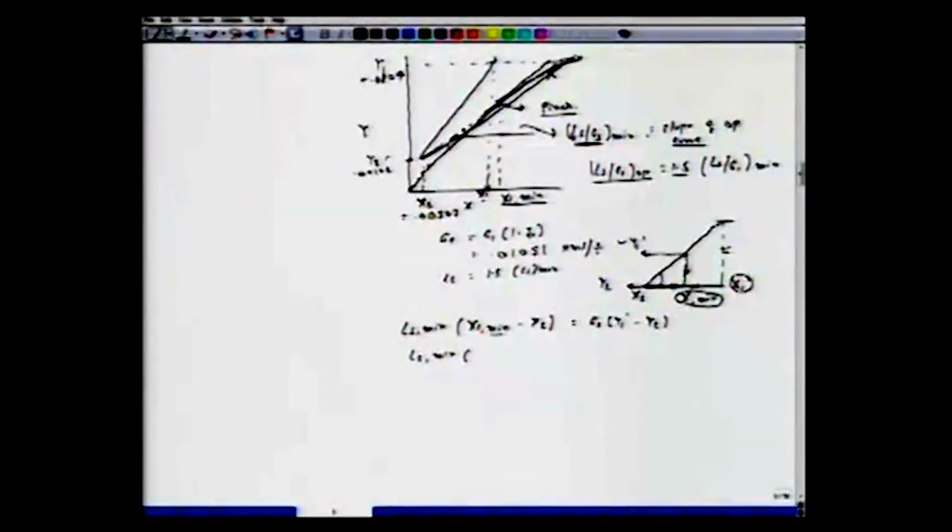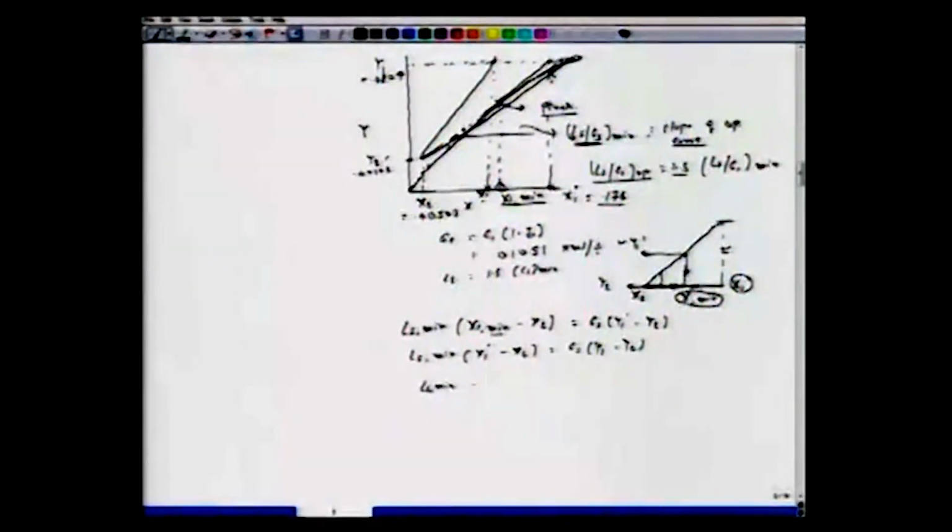So from the tangent, if we extend, and suppose we read this x1 as 0.176, we can also find the slope from here. x1 star minus x2 equal to Gs, we have y1 minus y2. So the idea is that it's up to you. Either you read this x1 min from the tangent, or you read this x1 star where the tangent makes the intersection with this y1 line. Either of the two will give the same result here, because we have to find out the slope.